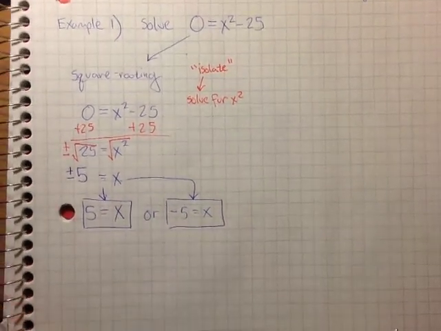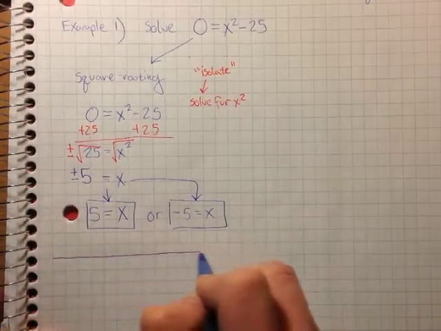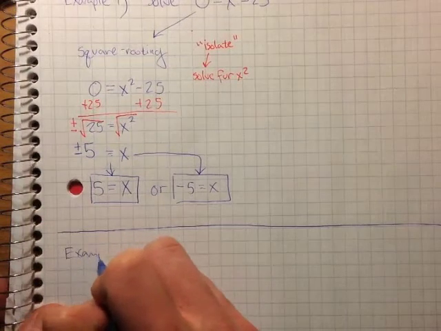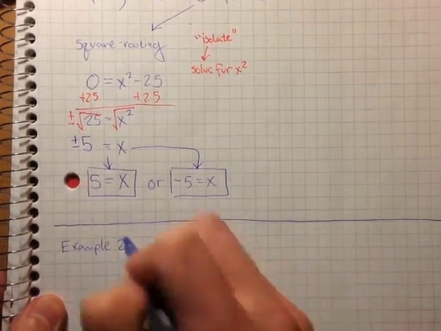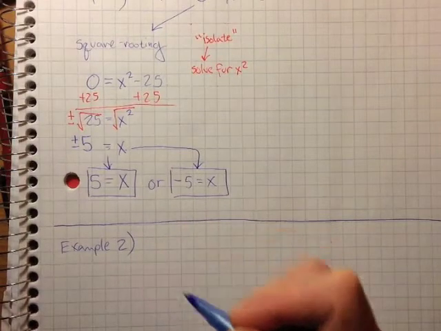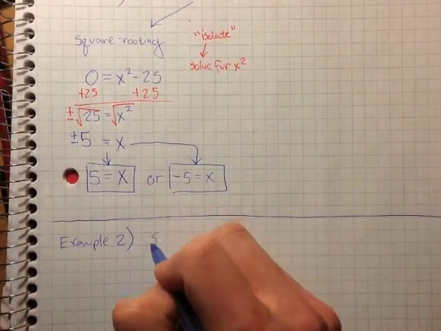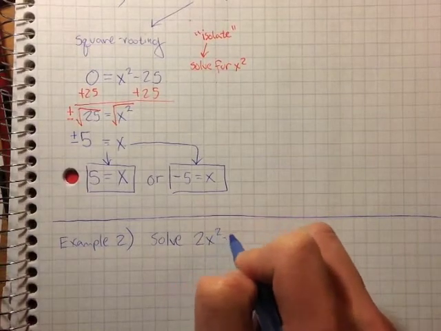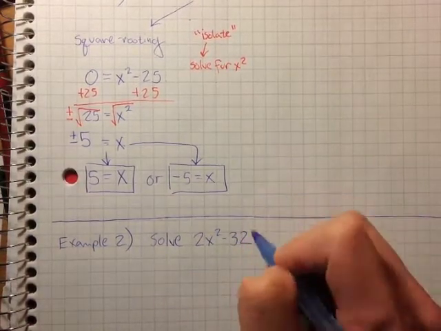Now let's just look at another example, just using square rooting this time. Example 2. Let's say I wanted you to solve this equation: 2x squared minus 32 equals 0.